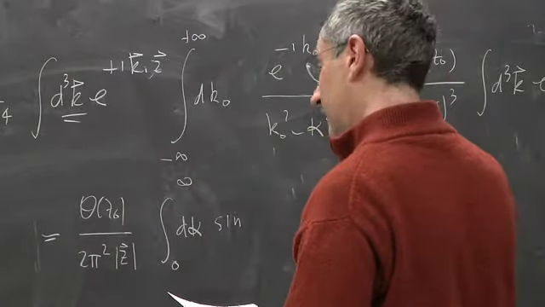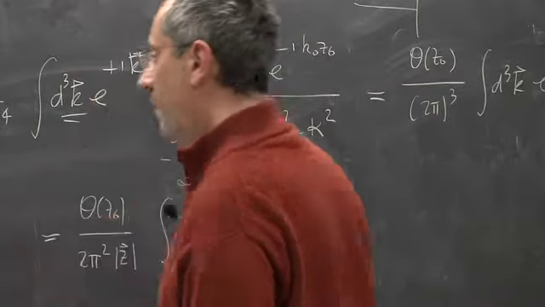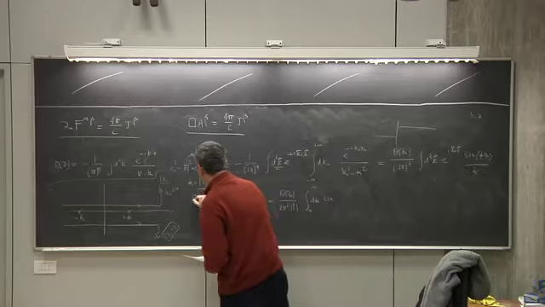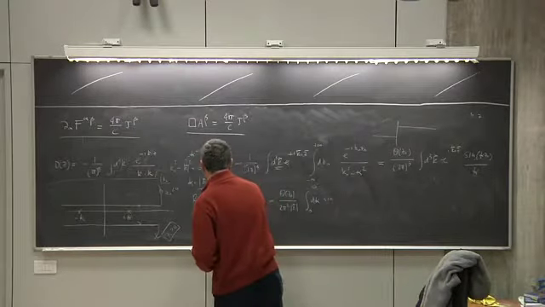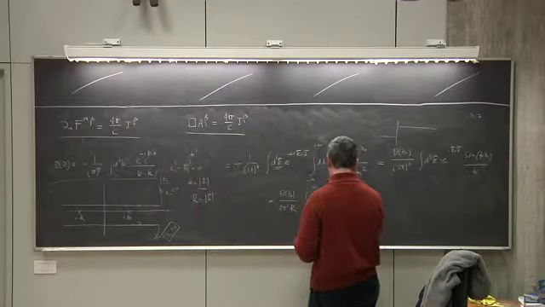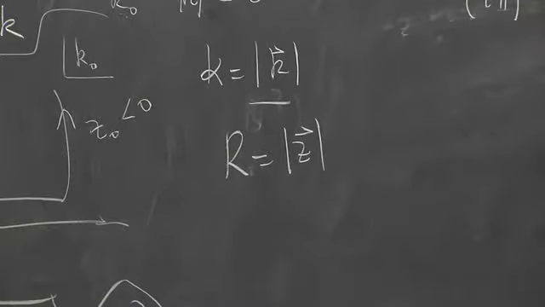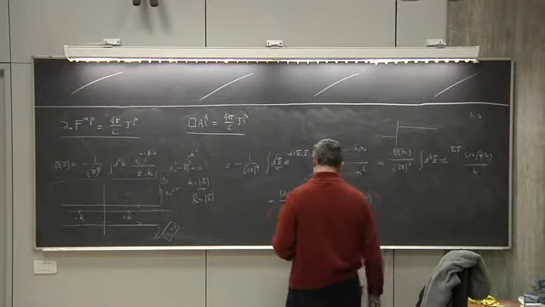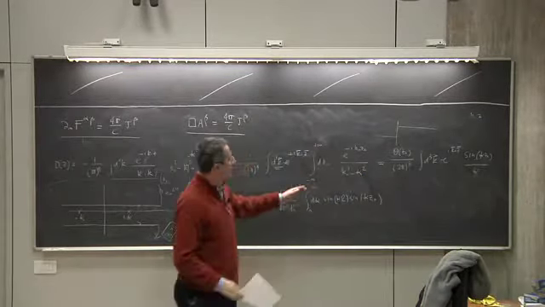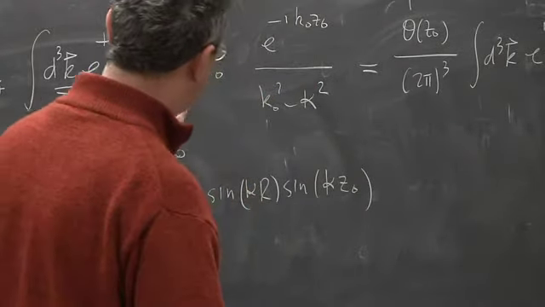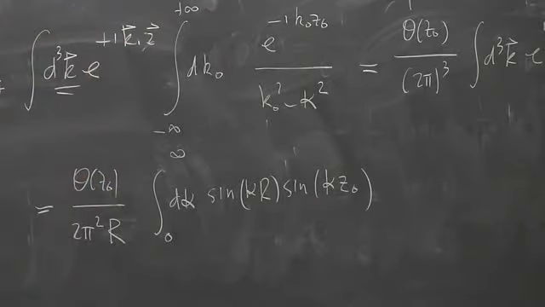Kappa is the absolute value of k. In fact, let's now call big R the absolute value of z, because it will pop out. So that's the result of the integration. I've integrated everything except the length of k that I still have to do.